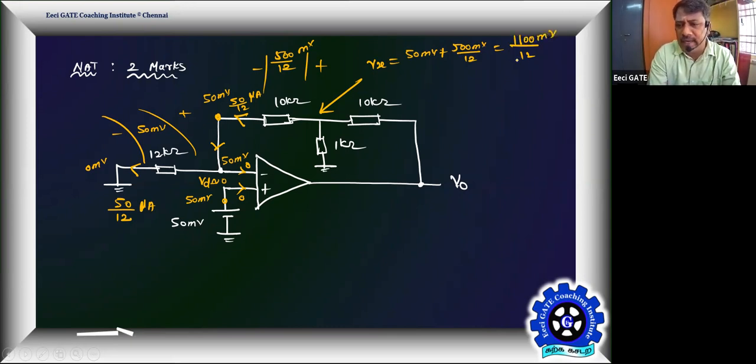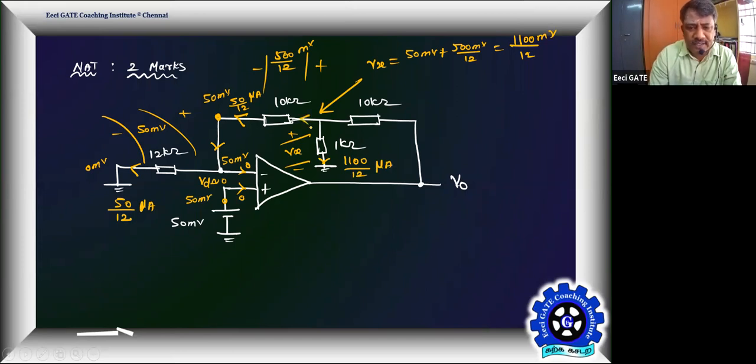That is 1100 by 12 millivolt is this potential. Then find out this current, because the potential across this is Vx itself. So Vx by 1K. That means it is in millivolt, and this is kilo ohm. Therefore, the current is going to be in micro directly. You can say 1100 by 12 microamps is this current.